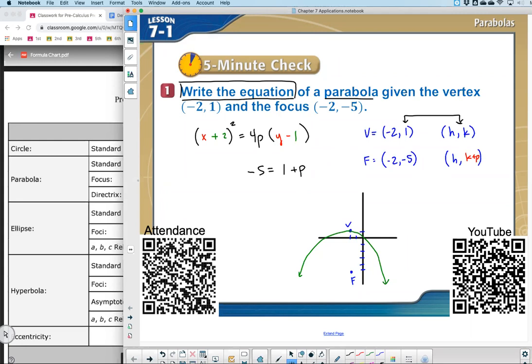So how would I solve? I would subtract. So -6 would equal my p. If negative 6 equals p, what is 4p going to equal? Negative 24. So we can plug that in right there.